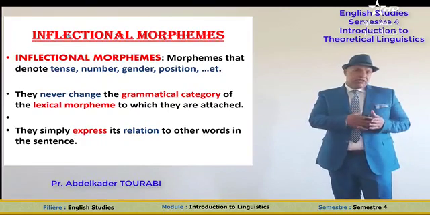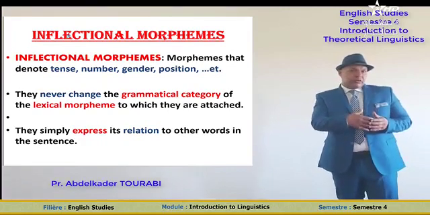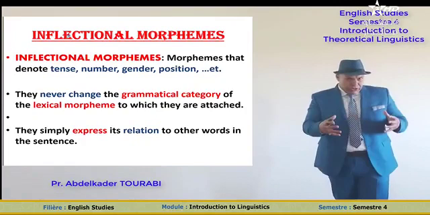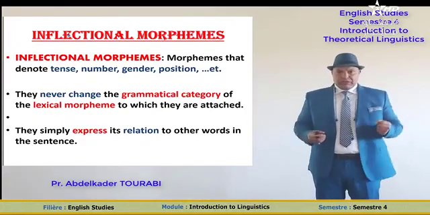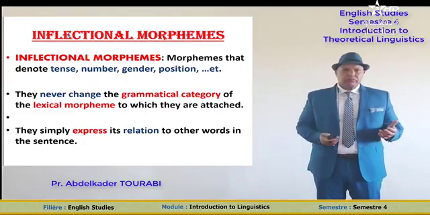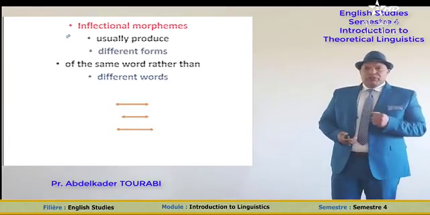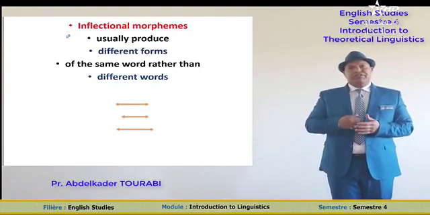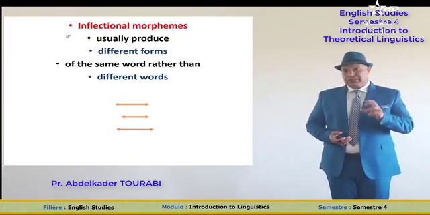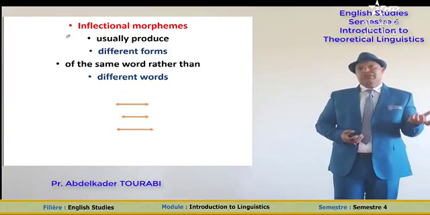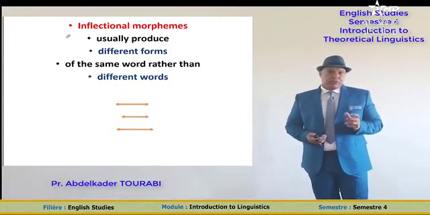So it shows the relationship of the words within the sentence, as we are going to see in syntax. Inflectional morphemes usually produce different forms of the same word rather than different words.